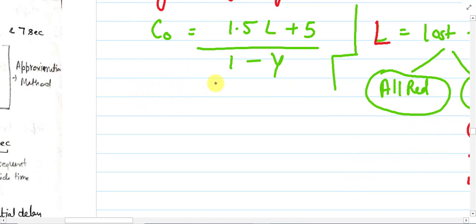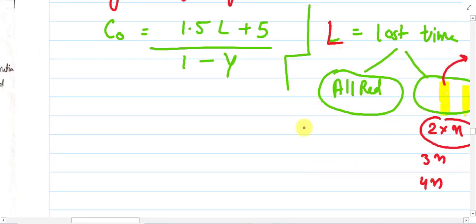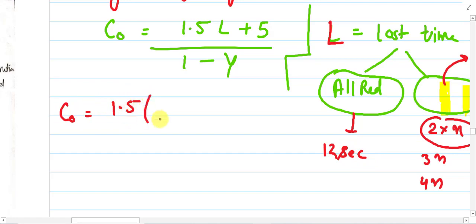So apply all these parameters. All red time in the question is given as 12 seconds. So we can say that optimum cycle length, where L will be equal to 2 seconds for each road multiplied by two roads, so that is 2 times 2, plus all red time 12 seconds. This time is considered as your lost time, plus 5 seconds.